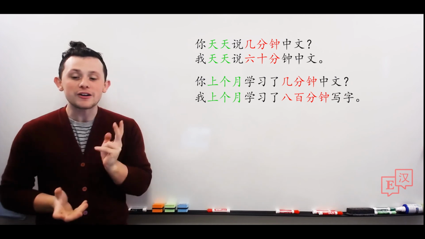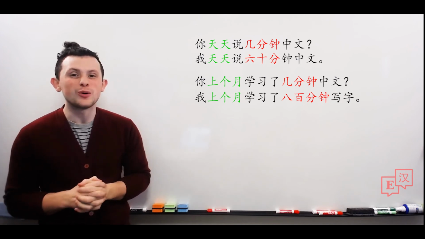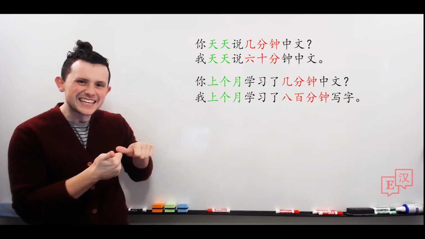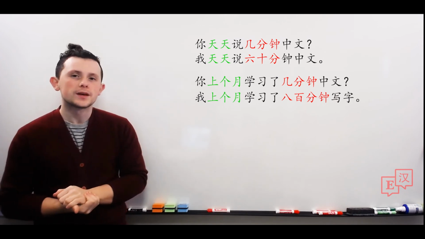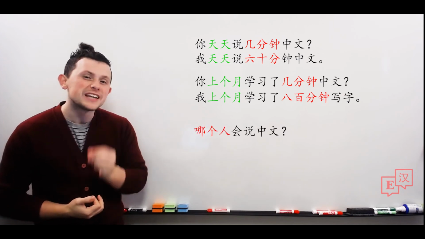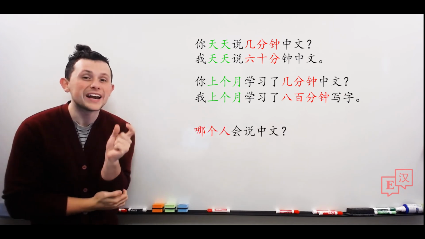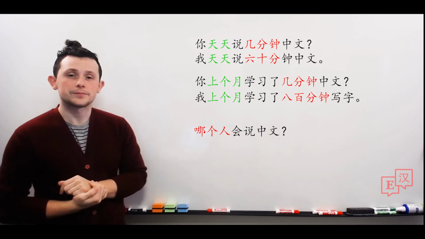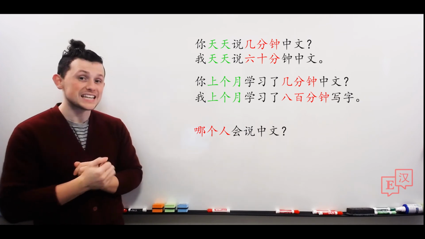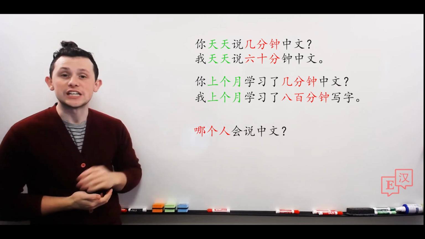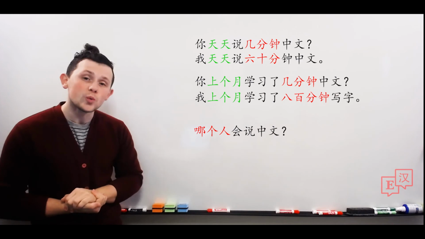Cool. Now, our last two examples are going to deal with how these pointers work, these references. Things like this, that, and which. And to make it simple, we'll just look at some examples and pay close attention to what comes right after 这, 那, and 哪. Our first sentence. 哪个人会说中文?